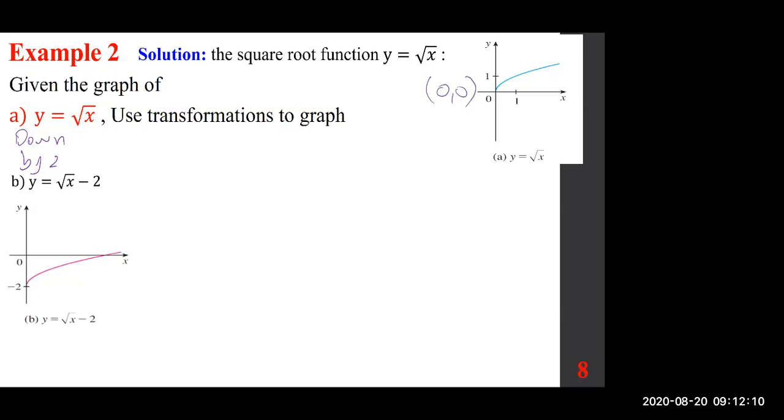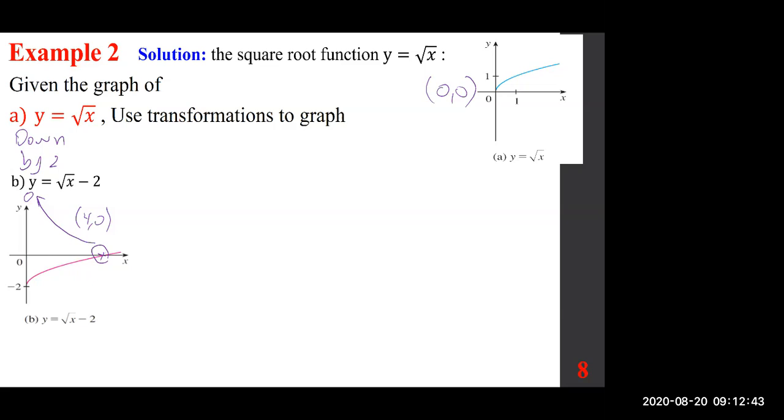Now 0, 0 changes to 0, -2. You can also calculate this location. How? You replace the y with 0, and you calculate it, and that becomes 4, and you can see the location is 4, 0. Again, I just want to show you one of them. You can calculate the rest of them accordingly. So I hope that one is clear.